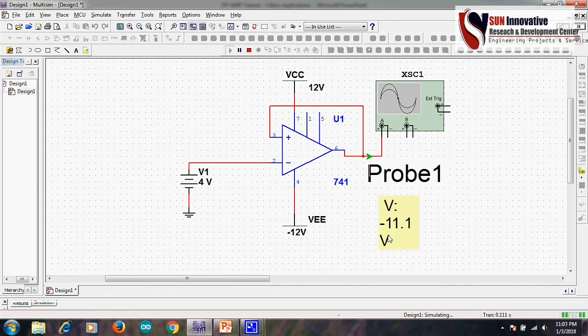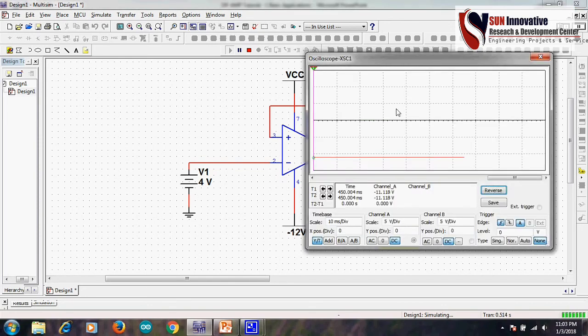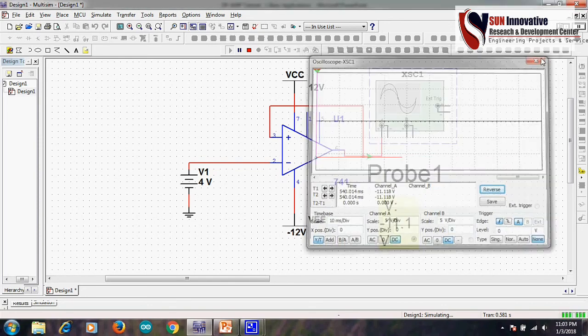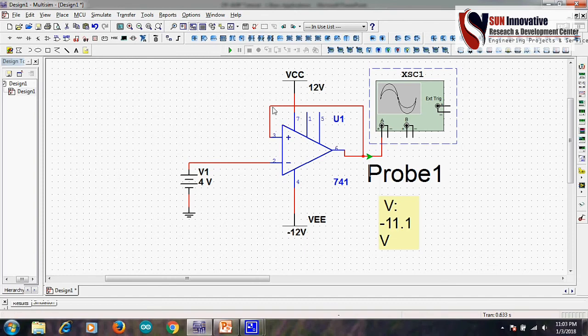You see here the output voltage is coming as -11.1 voltage because we made an inverting amplifier, so our output is going to saturation. This is why the unity gain follower op amp always works with a positive connection.